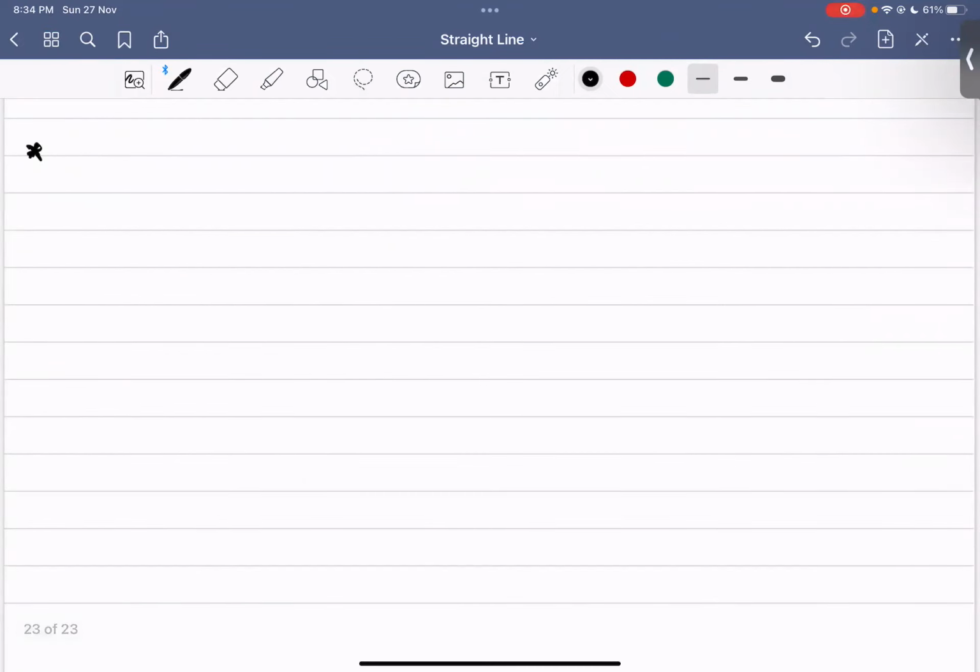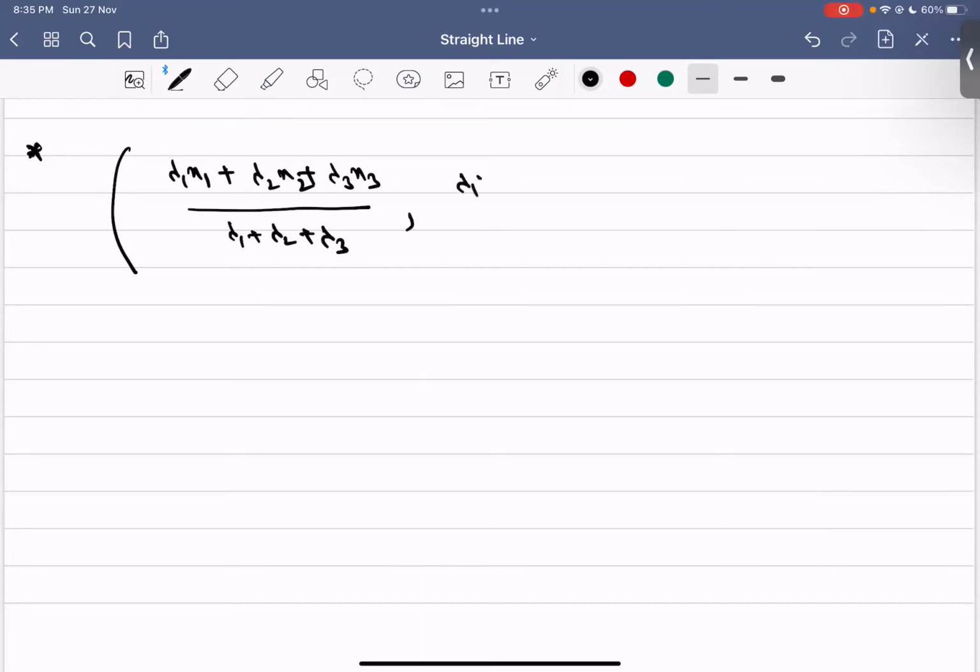First you write this one, that is (lambda 1 x1 plus lambda 2 x2 plus lambda 3 x3) over (lambda 1 plus lambda 2 plus lambda 3), comma, (lambda 1 y1 plus lambda 2 y2 plus lambda 3 y3) by (lambda 1 plus lambda 2 plus lambda 3).